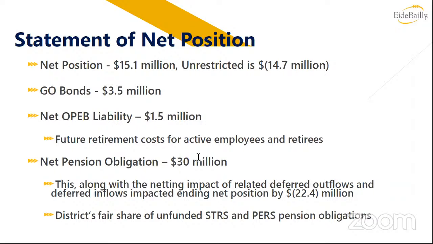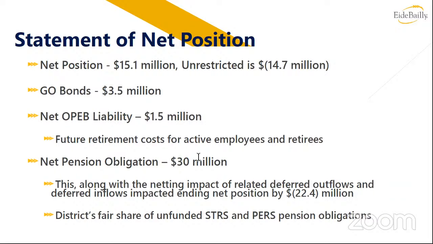The general obligation bonds was 3.5 million. And the net OPEB liability is 1.5 million, and that's the cost of future retirement for active employees and retirees. And the net pension obligation is 30 million.